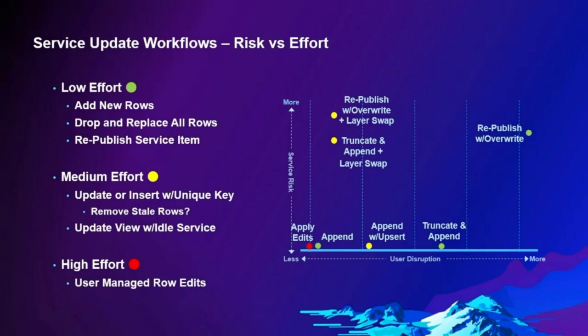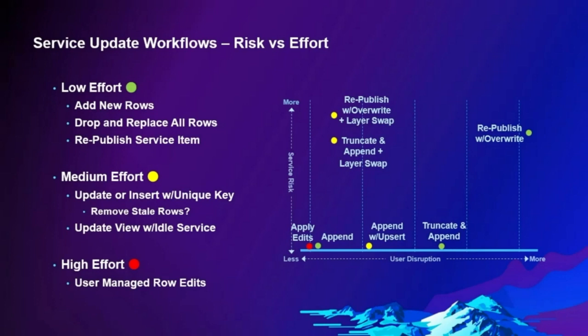Then another mechanism for updating it is republishing. So you're using the publish with overwrite, which would replace the entire service and the data, but keep the item details intact. For a more medium effort, you're looking at using update or insert with unique keys.